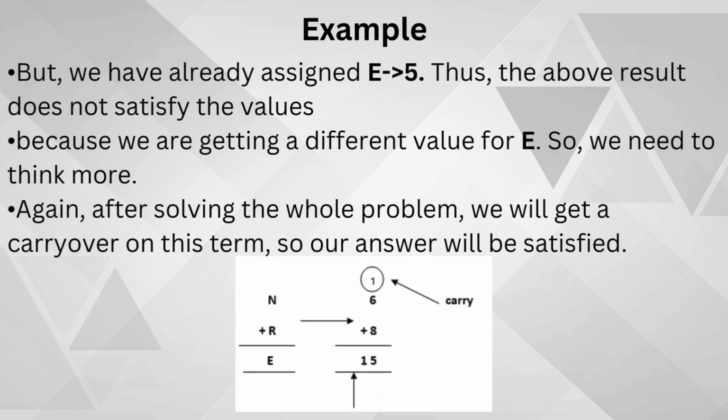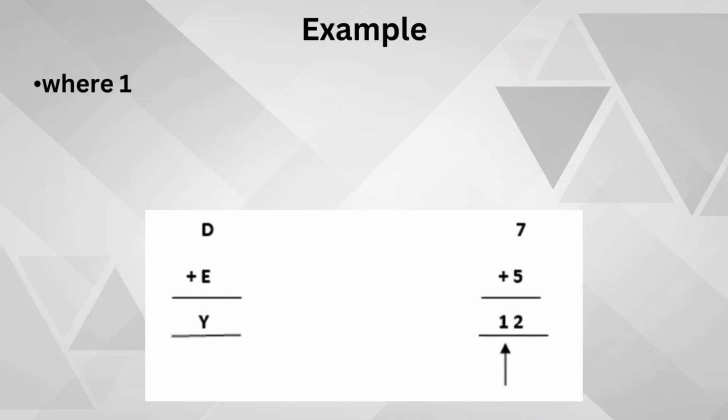So, now we have N is equal to 6 and R is equal to 8 and we have carry 1. So, we have total as 15, that means we have carry forward 1 and the value of E is equal to 5, where 1 will be carried forward to the above term. Let us move ahead.